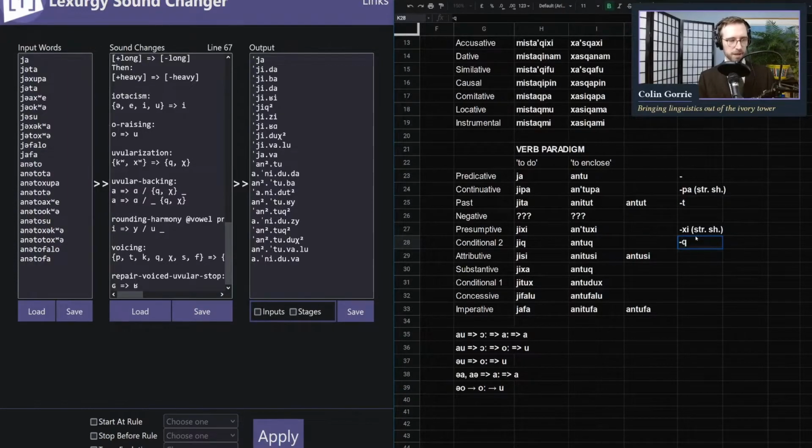We have Q for conditional 2. We have Z for the attributive. We have Q for the substantive. We have, colon please, be consistent with how you spell things. Tuch for the conditional 1. We have valu for the concessive. And we have fa for the imperative.